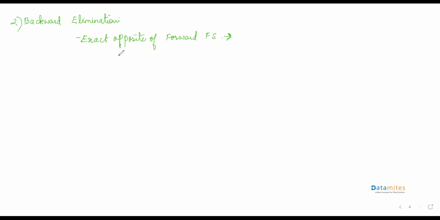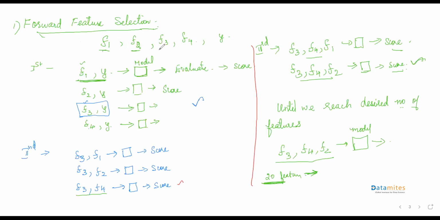In all these techniques, we are going to tell how many features we require from our data set. So if I want 10 features, the top 10 features will be given by these techniques.